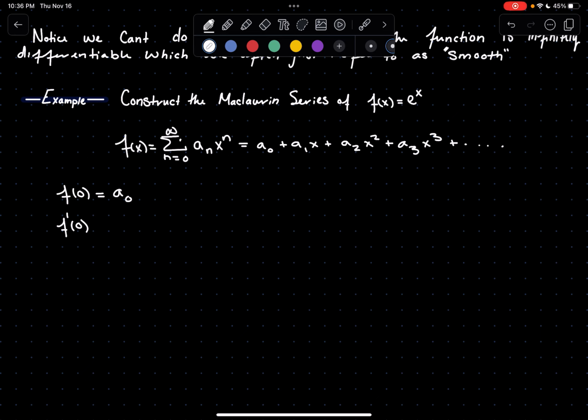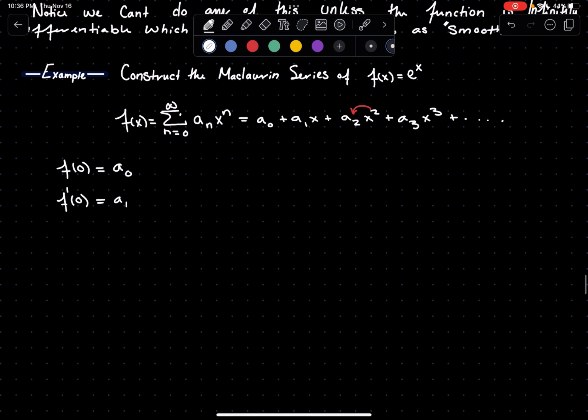And evaluated at x equals 0, all of these other terms go to 0, right? So I just get a1. Okay, but remember, this 2 came down here, right? When I took the first derivative. So now f double prime evaluated at 0 is going to be equal to 2a2, right?